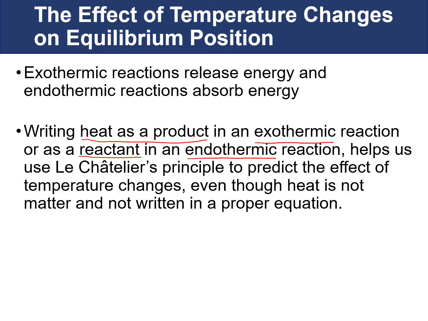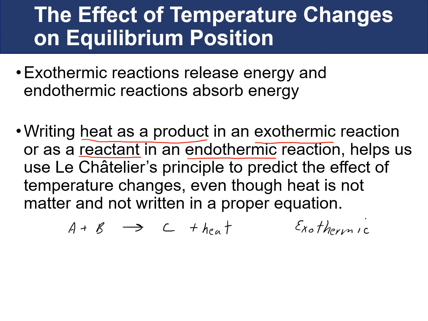So you take your normal reaction, let's say A plus B goes to C. If this is an exothermic reaction, then heat is a product. So to use Le Chatelier's principle, we would say plus heat.